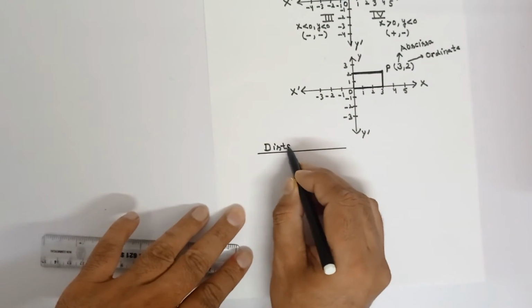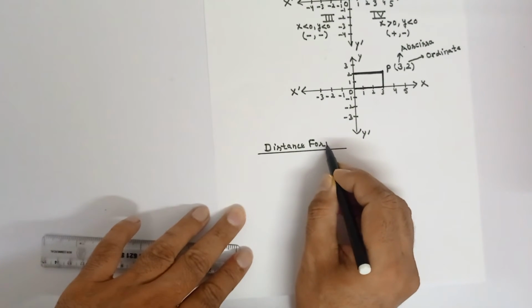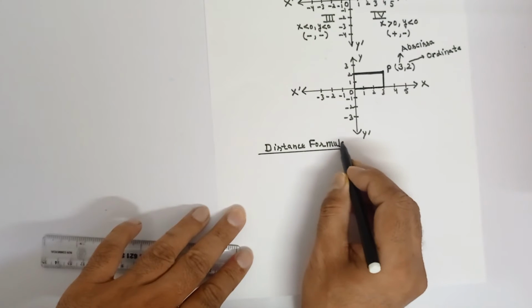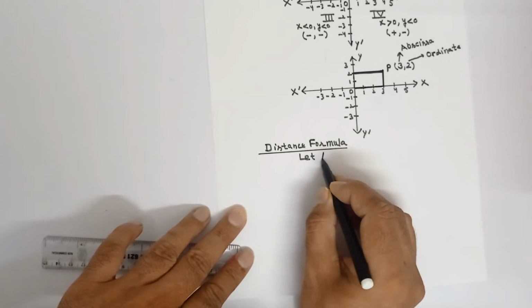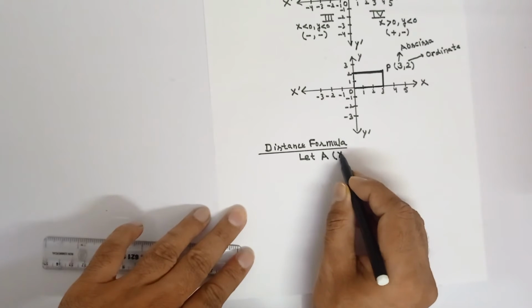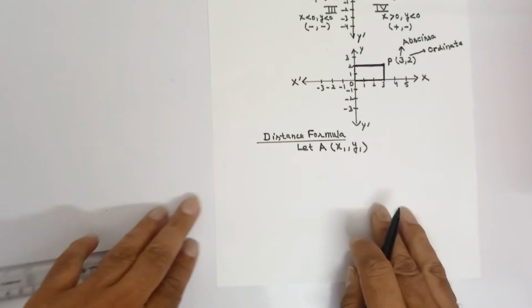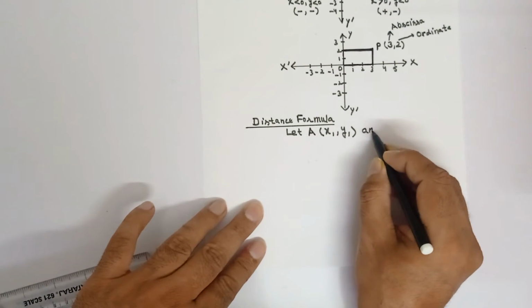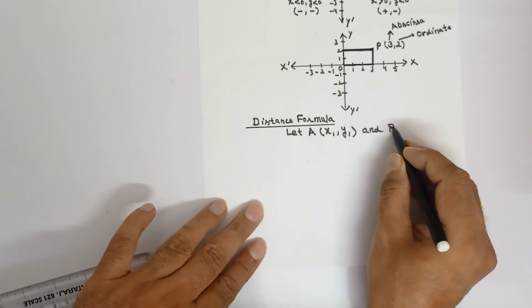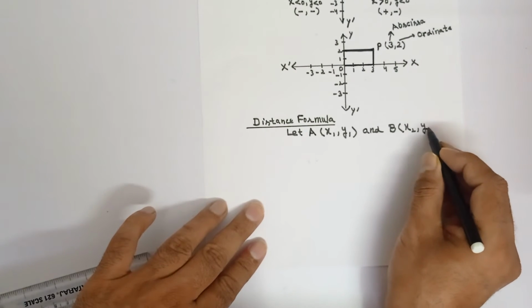Distance formula. Now listen, if there are 2 points, let A have coordinates x1, y1. In general, say some point has coordinates 2, 3, and point B has coordinates x2, y2.